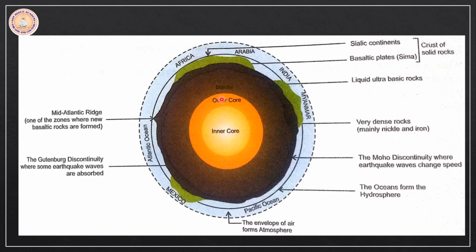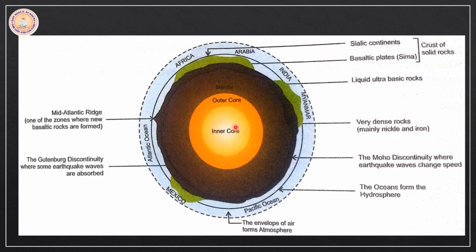The outer core behaves like liquid and does not let the earthquake waves pass through it. The inner core behaves like a solid layer due to extreme pressure and temperature over here. The core has dense material of nickel and iron, and the density is 13 gram per cubic centimeter to nearly 15 gram per cubic centimeter.